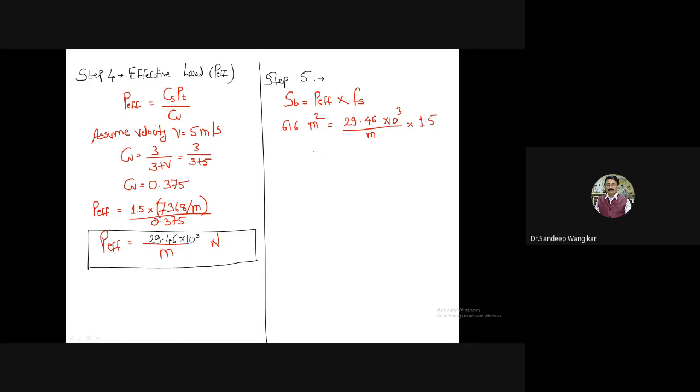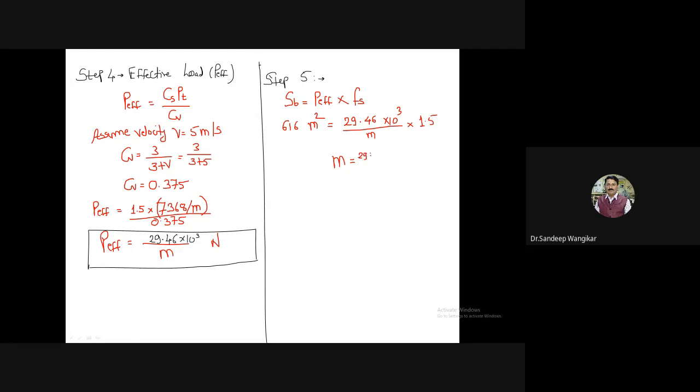Substitute values, you will get M cube is equal to something, and you tell me the answer for module. You will convert it: module cube is equal to 29.46 into 10 raised to 3 into 1.5 divided by 616. If you want to simplify, you can go for this step also, no problem.